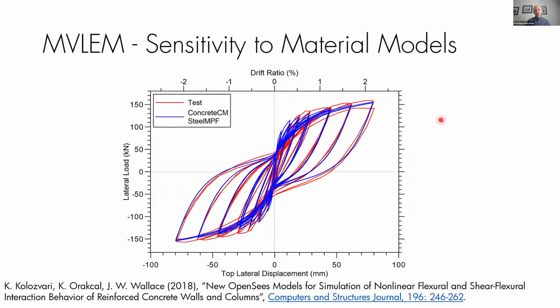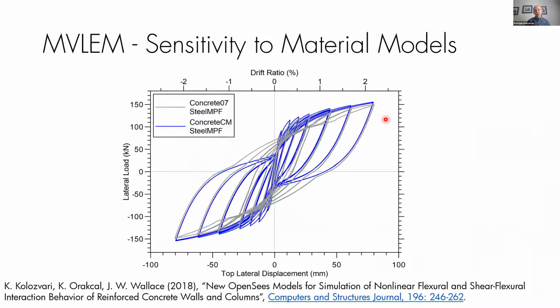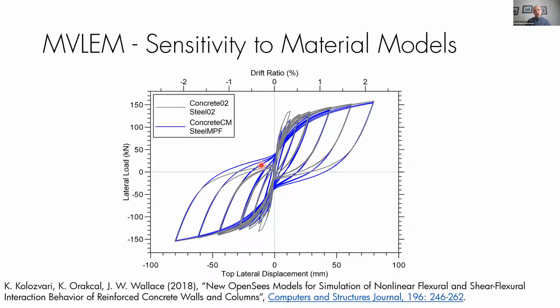But then if we, for example, use different material models, such as concrete '07, you get this kind of different looking line, right? Obviously, due to simplification of the concrete material model, the hysteretic shape is not as natural looking. And then if we use, for example, concrete '02, concrete '02 doesn't have that gradual gap closure that concrete CM does.